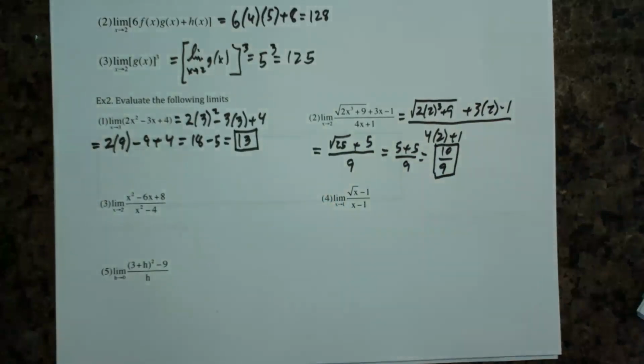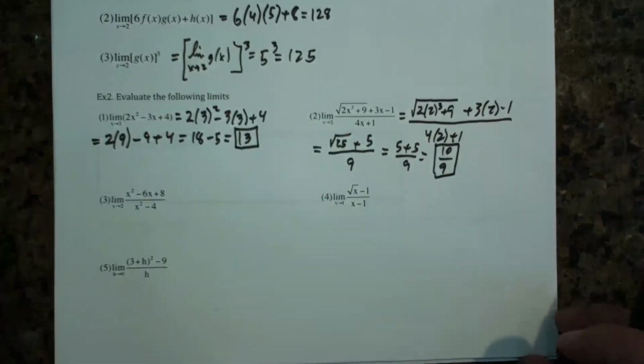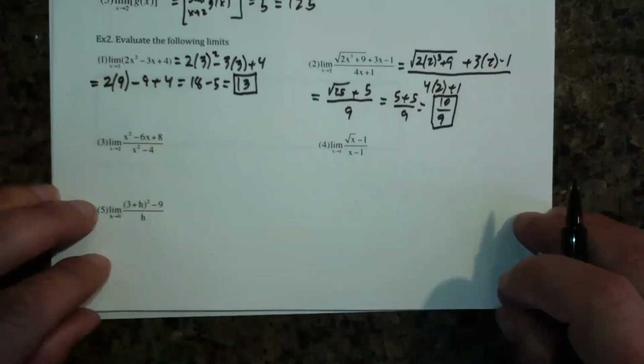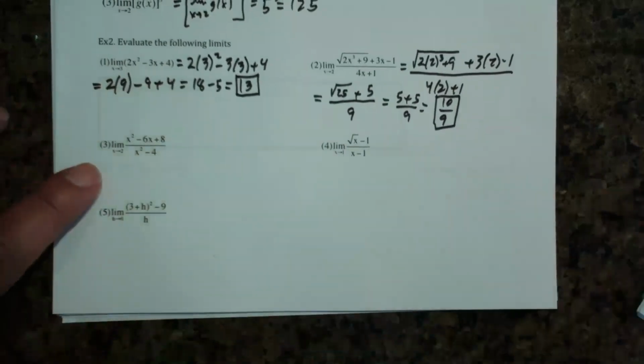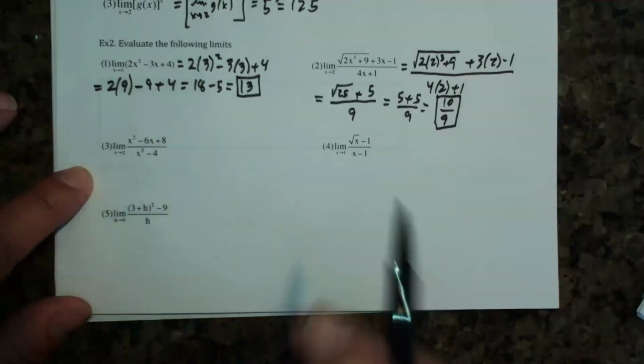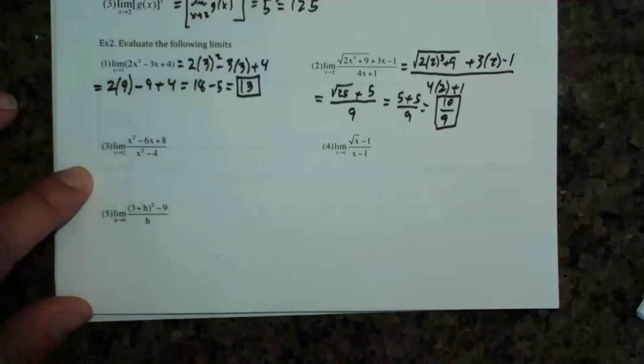Of course, it's obviously going to get more complicated than this, where we're not going to be able to always do this. For example, part 3. Now you'll notice when I put a 2 into here, 2 squared is 4, 4 minus 4 is 0. So we have an issue. We can't just dump this in.